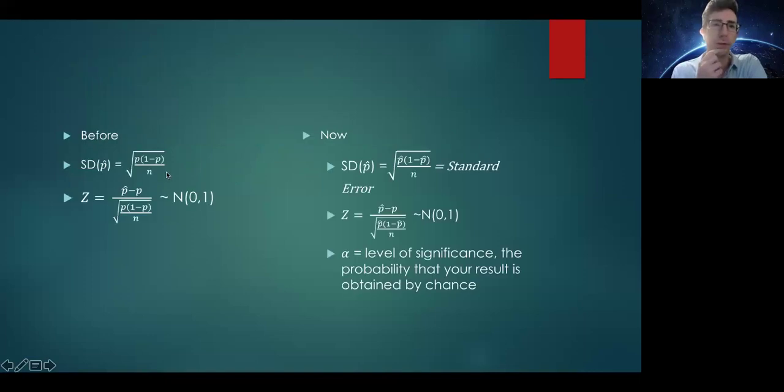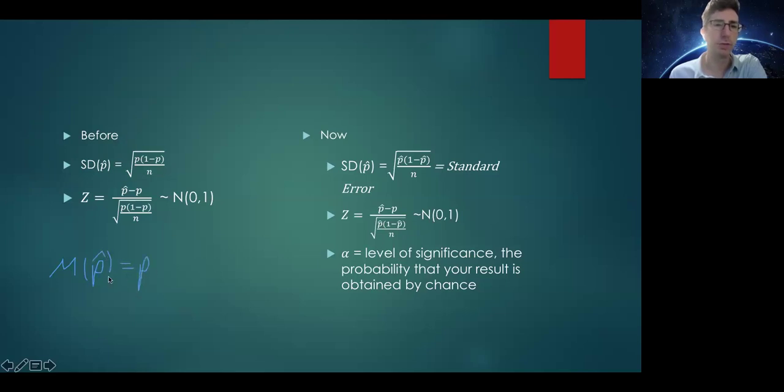Before, like I mentioned, the standard deviation of p hat used the population proportion: the square root of p times 1 minus p over n. The average of all of our sample p hats was also equal to the population proportion.